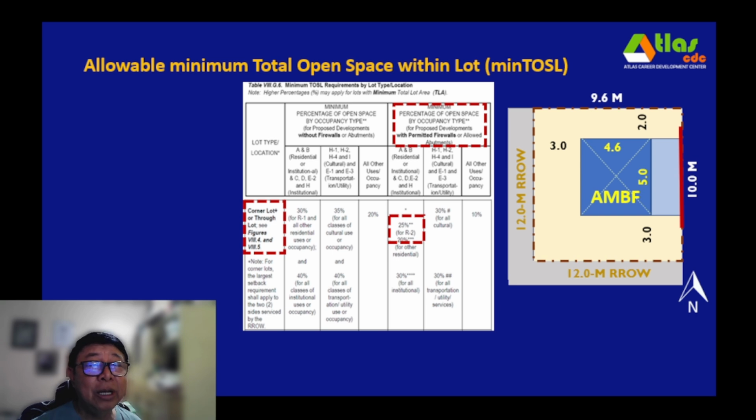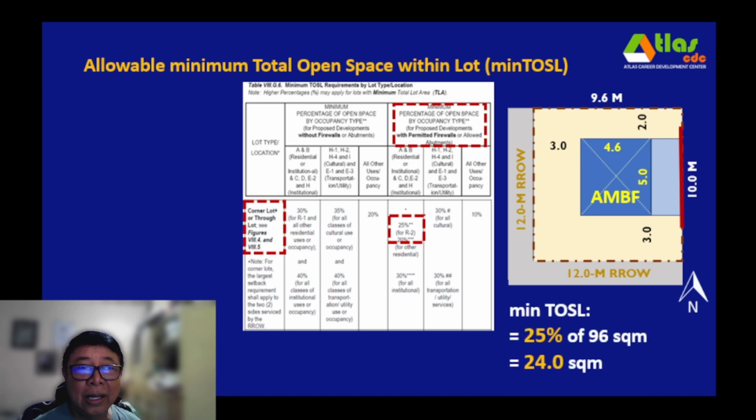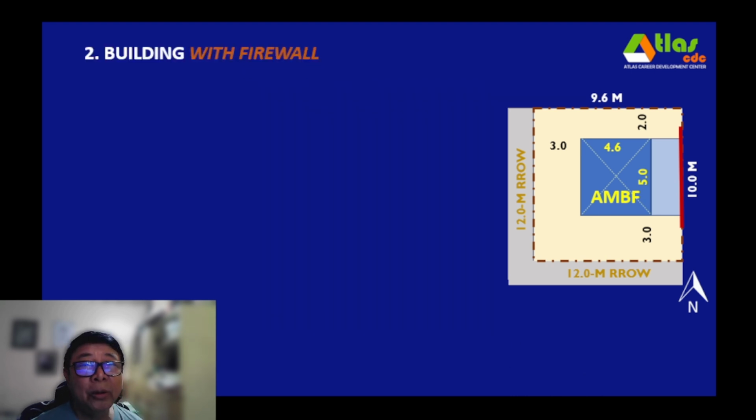So even though the value that we have derived earlier is bigger, this one will be used as our minimum TOSL, 25% of 96 square meters, or that is 24 square meters. That is the minimum TOSL. Although based on the maximum PSO, you can have a bigger open space.